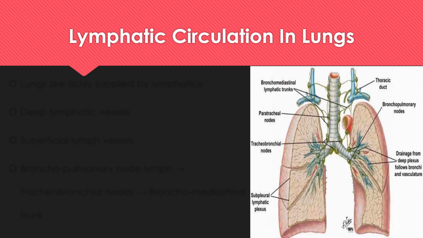Moving on to the lymphatic circulation in the lungs. Lungs are richly supplied by lymphatic vessels. They are present in the walls of the terminal bronchioles and in all the supportive tissues of the lung. There are two important things this does.